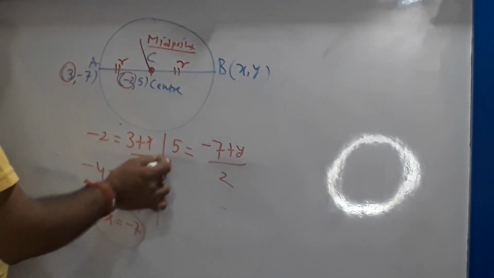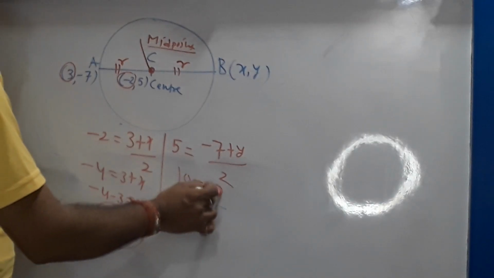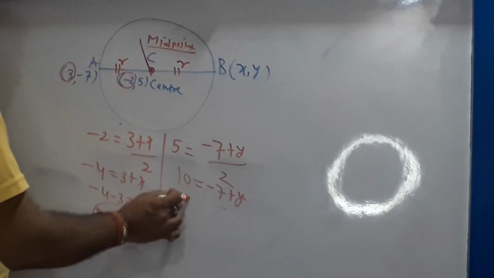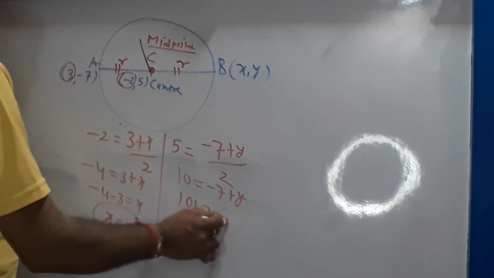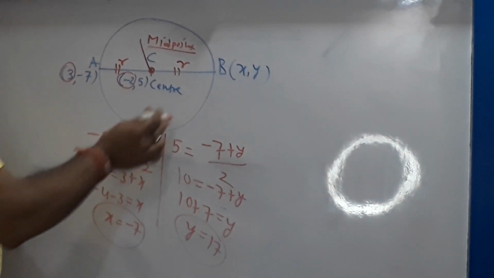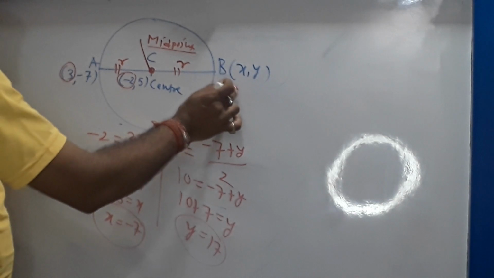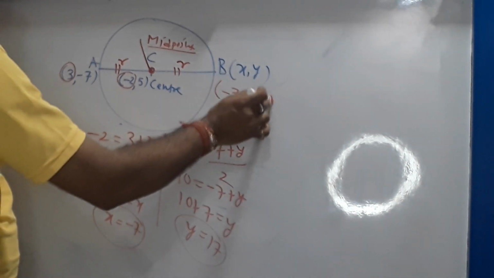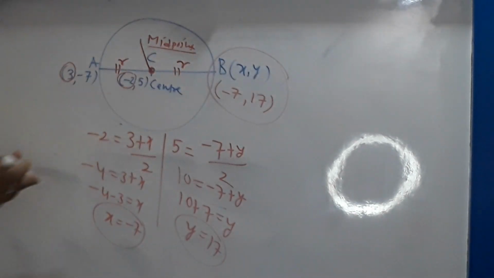Then cross multiply: 2 times 5 is 10, equal to -7 plus y. 10 plus 7 is equal to y. y is equal to 17. So the coordinate of B is (-7, 17). In this way we find the coordinates of the point.